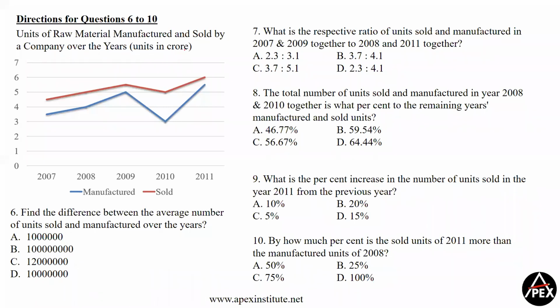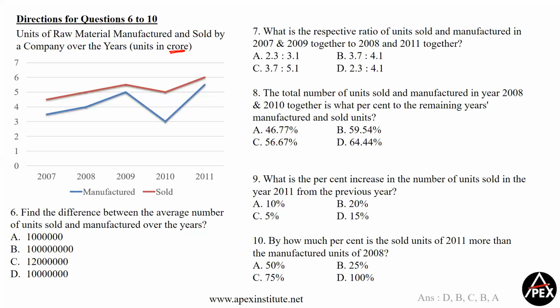Okay, and everything is in crores. The units are crores. Okay, so here, what is this value? Can someone tell me what is this value? In 2007, 3.5. Perfect. Okay. Whenever you do not have any values mentioned here and the line starts at the midpoint, you can consider that to be the mid value between these 3 and 4.